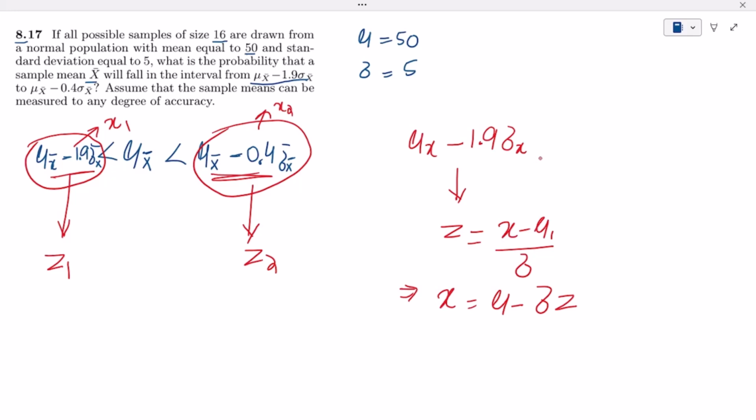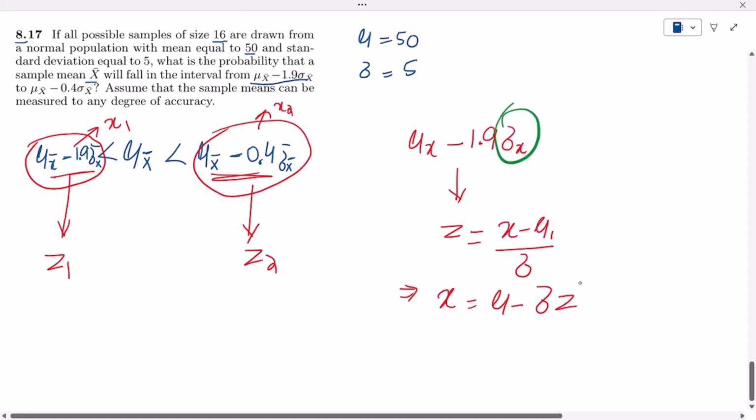Here we can see that this sigma is present here, this mu is here.